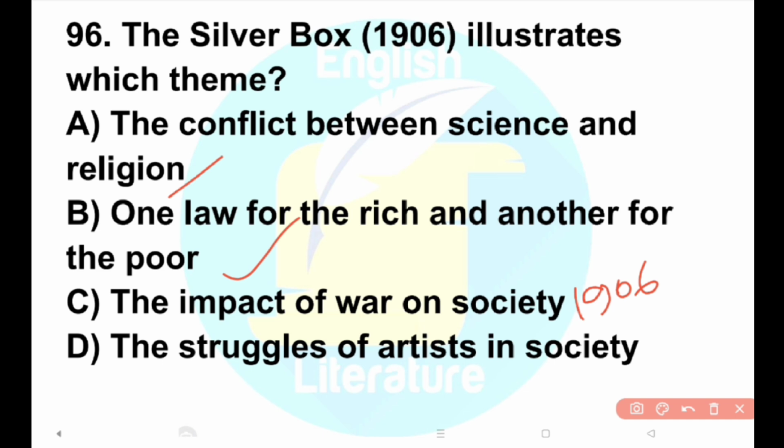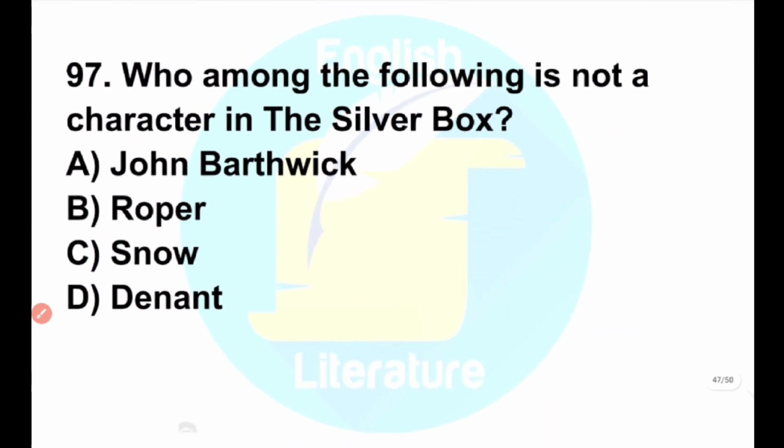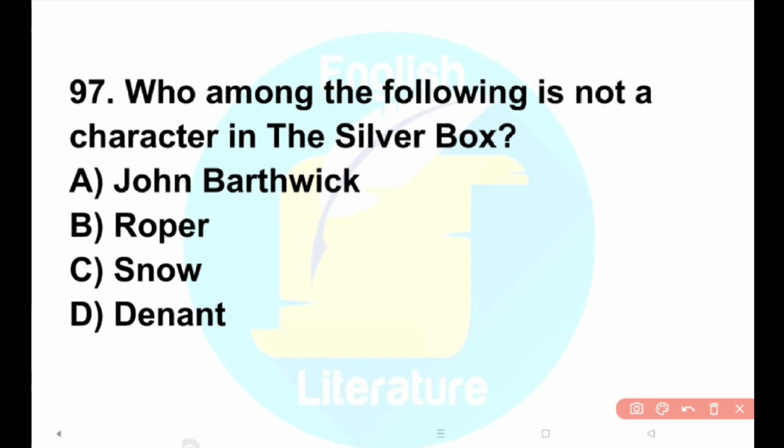Next, who among the following is not a character in The Silver Box? Option D, Matt Dinant.